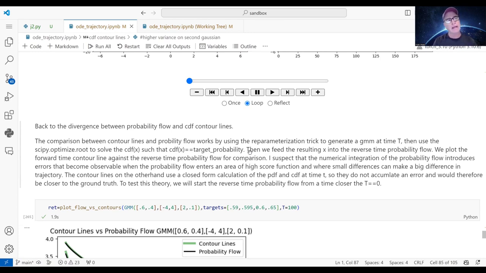I thought it could still be a numerical instability, but I think the Euler approximation to the integral might be introducing a bias, and that might be causing it. So anyhow, that was my suspicion.